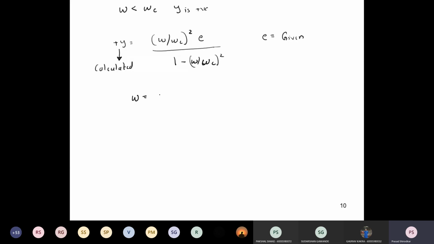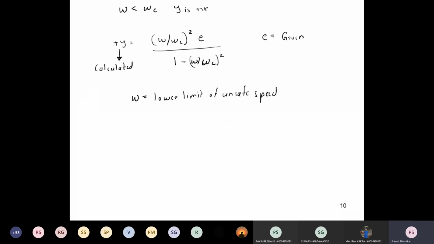Alright. So this will be the lower limit of unsafe speed. Right. So that takes care of the calculation for the lower limit.